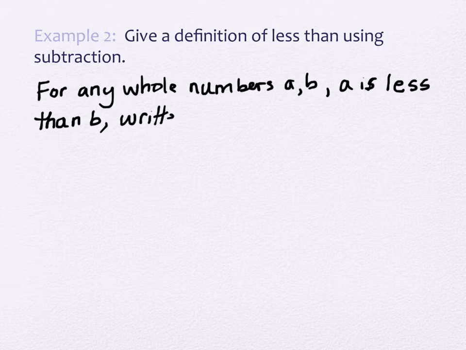written with the symbols, it looks like this, A less than B, if and only if. You know what, I'm going to shortcut this one. If and only if can be abbreviated by IFF. Have you ever seen that? IFF, if and only if, so we're going to abbreviate.